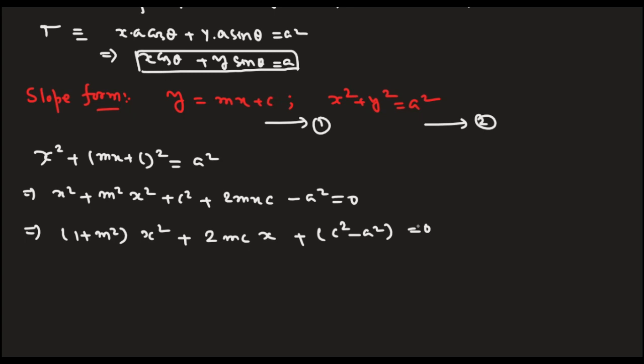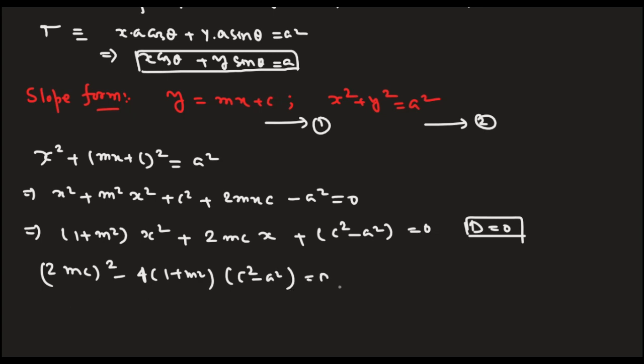So now since it is a quadratic in x, and we claim that our line touches the circle, therefore the discriminant of this quadratic should be 0 for equal roots. So for tangency roots are equal, so we have 2mc whole square minus 4 times of 1 plus m square and then c square minus a square, which is equal to 0.